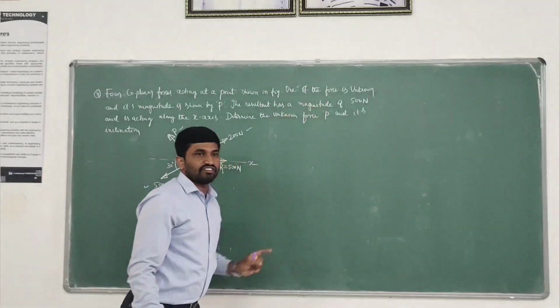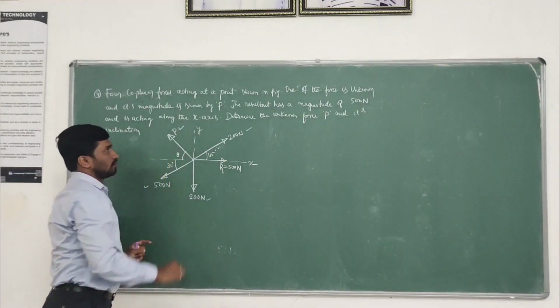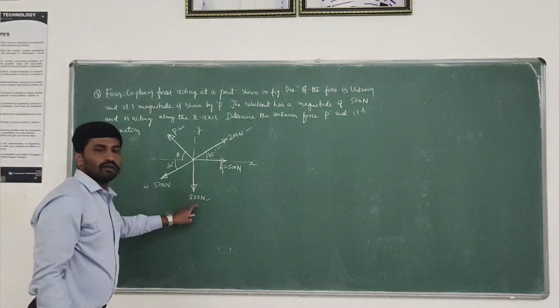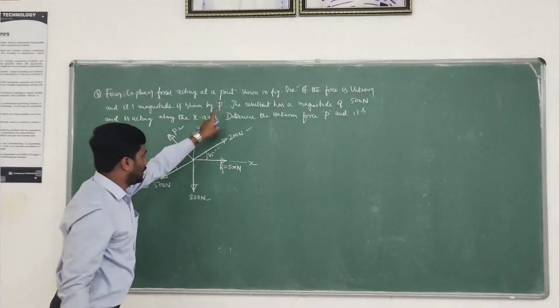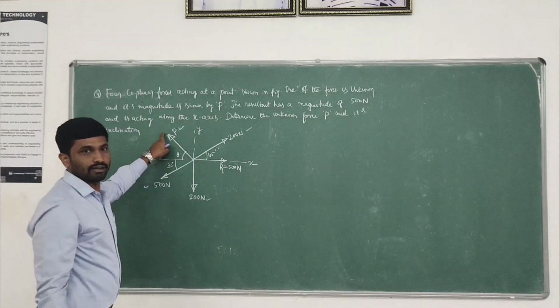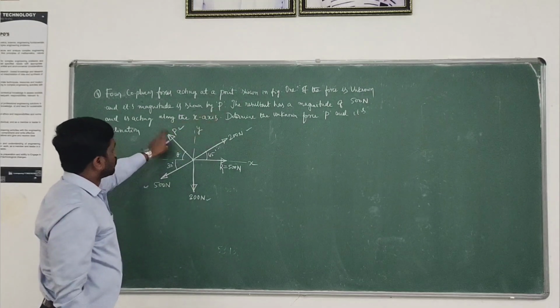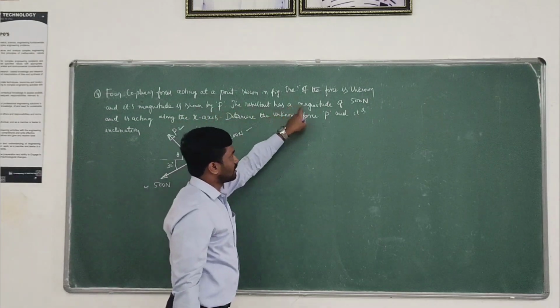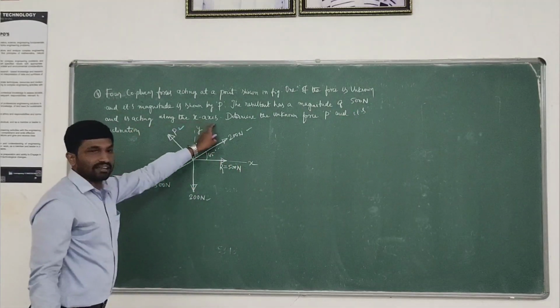One of the forces is unknown. See, this is the unknown force. Out of four forces, one of the forces is unknown and its magnitude is shown by P, already shown in figure and given the same in problem. The resultant has a magnitude of 500 Newton and is acting along the x-axis.